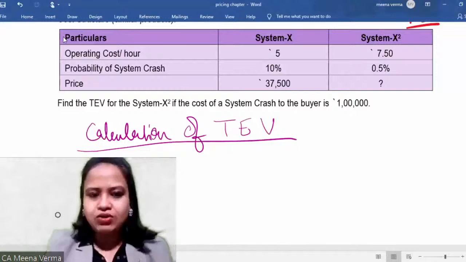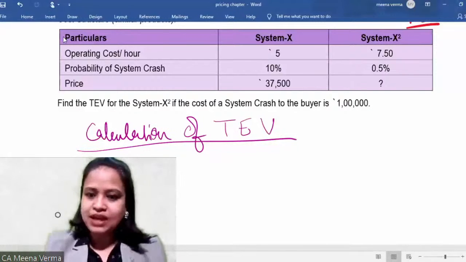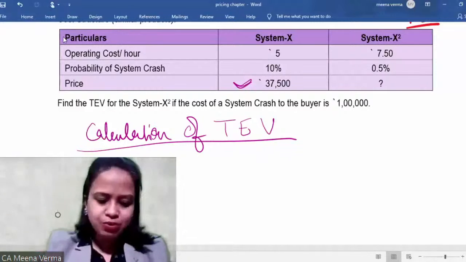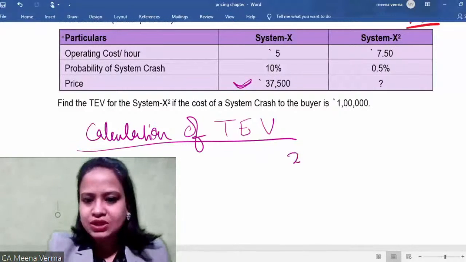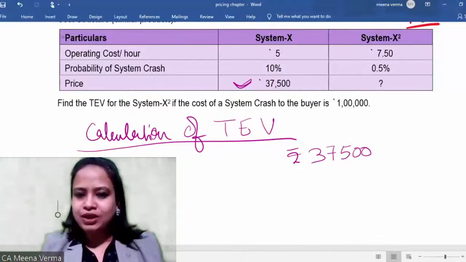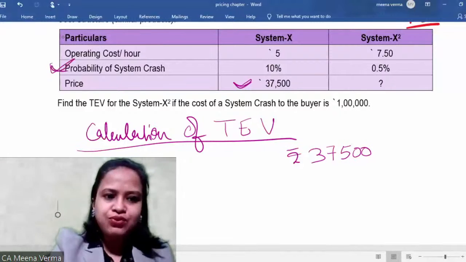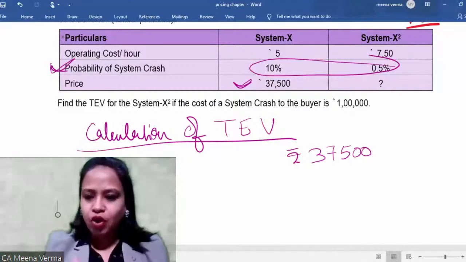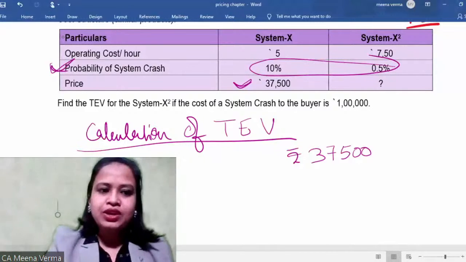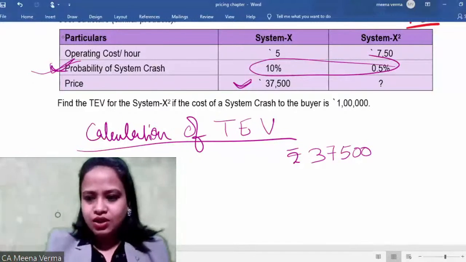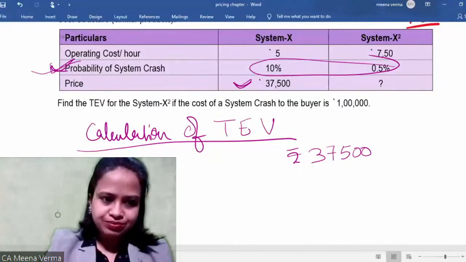See, how will we calculate that? First, we will consider the price prevailing in the market of the similar product. The similar product is available in the market for rupees 3,7,500. And because of my product the customer gets a benefit, for which the organization will charge money.